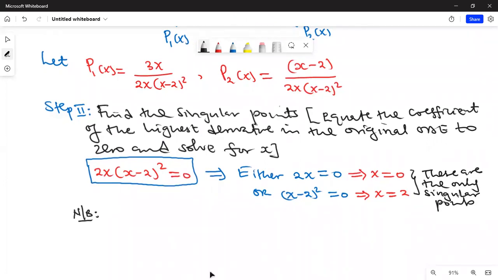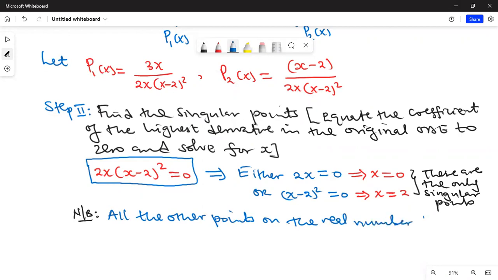On the note, we can write that all the other points on the real number line are ordinary points.